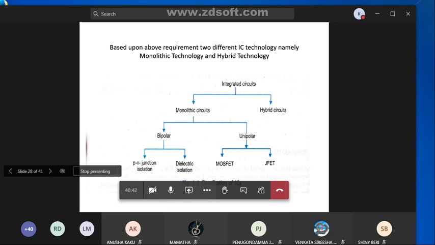Again, monolithic circuits can be divided into bipolar and unipolar. Bipolar is divided into PN junction and dielectric isolation. The unipolar is divided into MOSFET and JFET. So this is the classification of ICs.